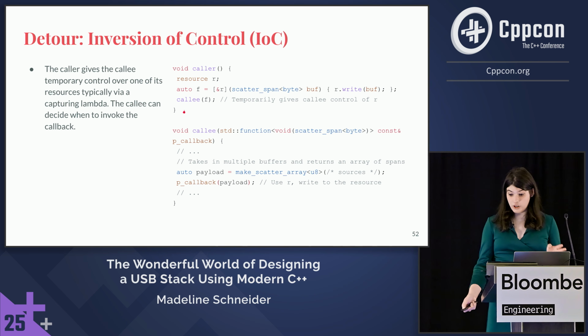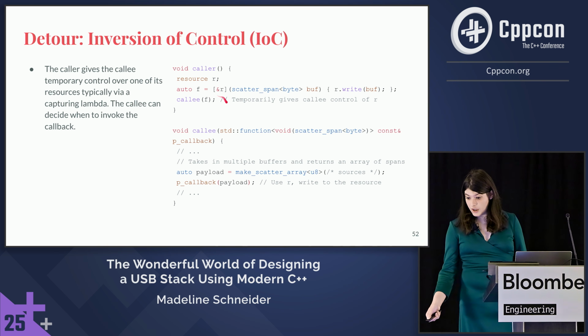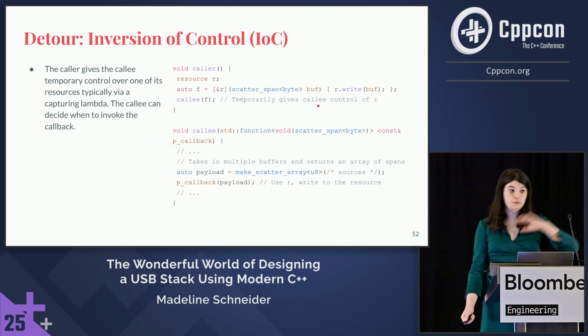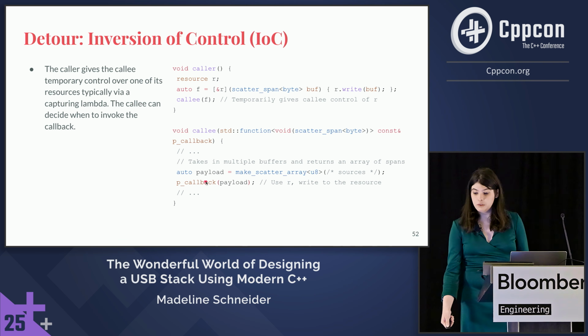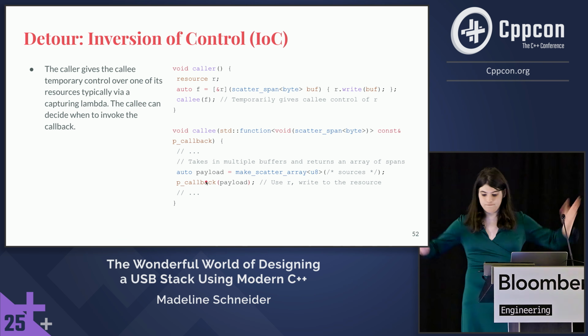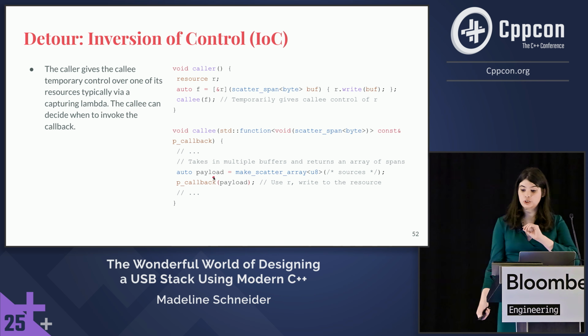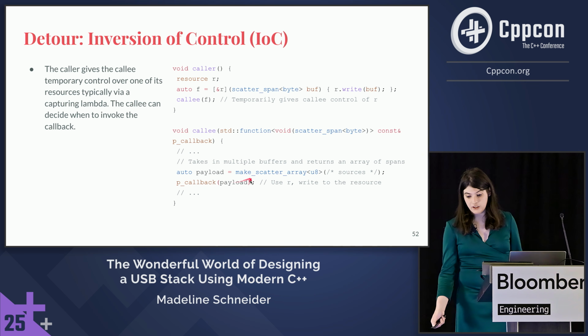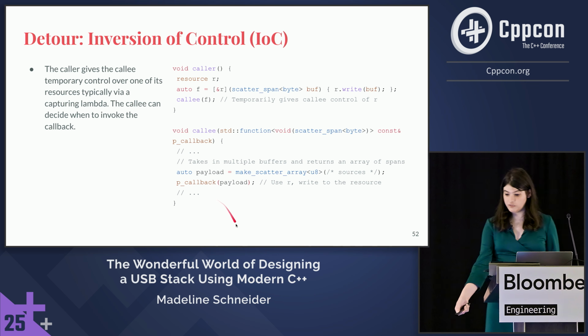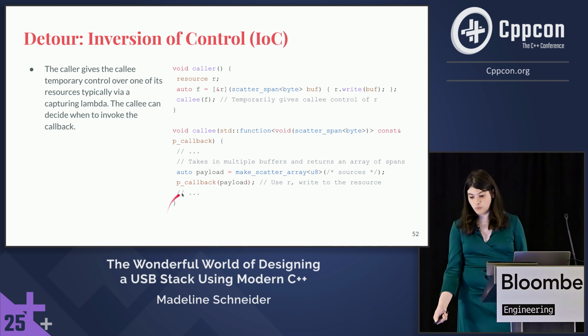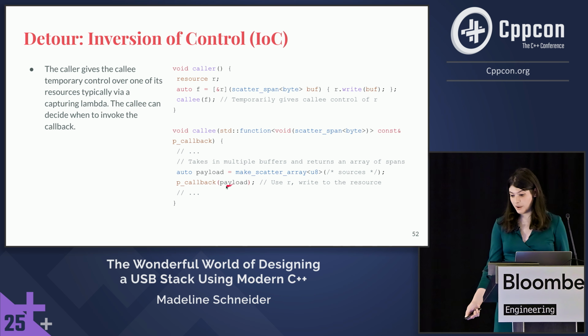Then we create a lambda that captures R and writes out the buffer that's passed in via the parameter. And then to callee, we just give it that function. Callee will do whatever it wants, construct its payload, and then when it chooses, it will write out the payload that it's constructed. And we don't have to give it access directly to R, but it can still write to R by using our callback.